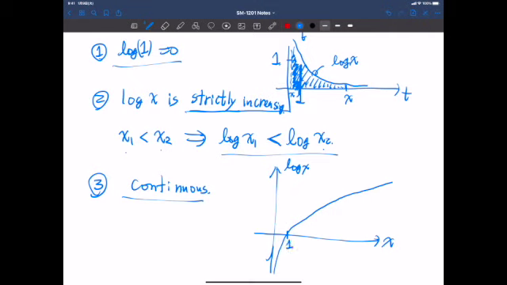And when x is less than 1, it has negative value. And it is a continuous function. So this means there is no gap anywhere. It doesn't look like something like this. There's no jump. It doesn't happen. It's continuous. So those are the basic features of this natural logarithm.